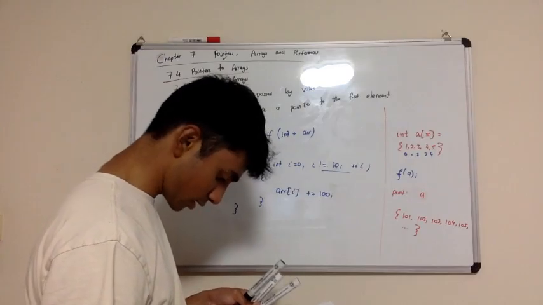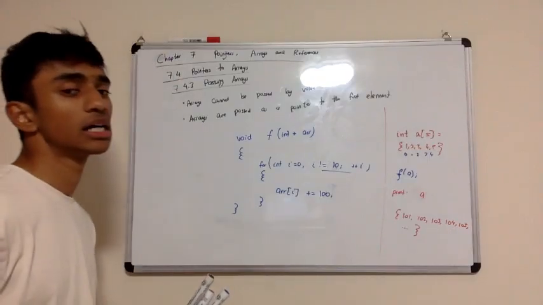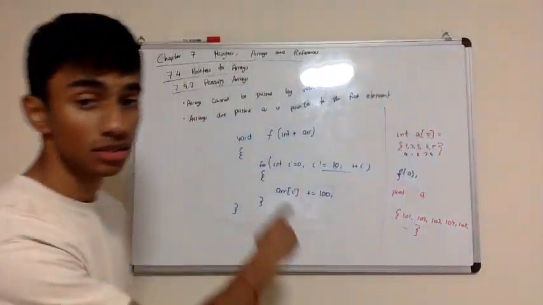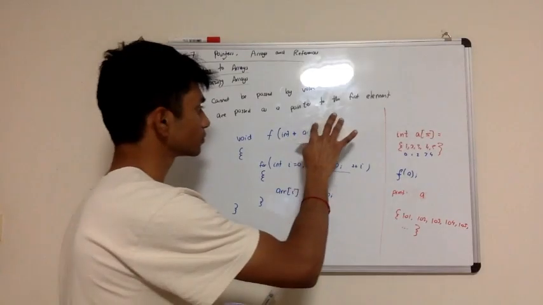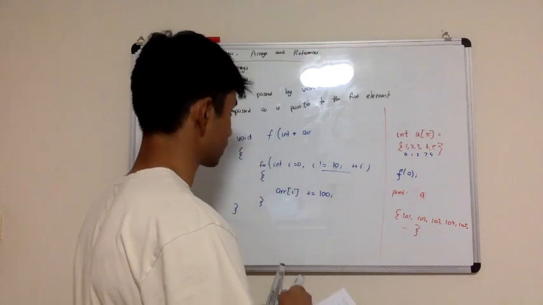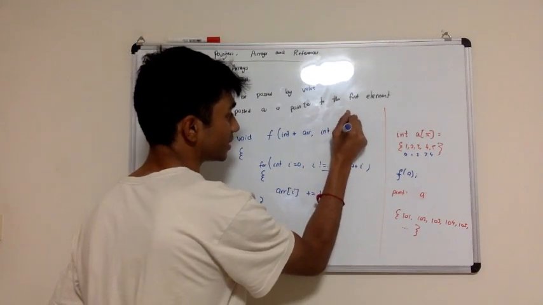There are a few ways of handling this. The main way that I would think of is to pass a size parameter into your function. So instead of just int arr, we might do something like int size as well.